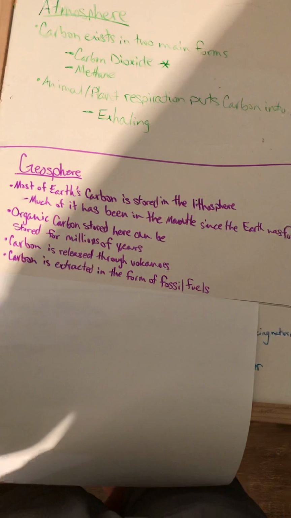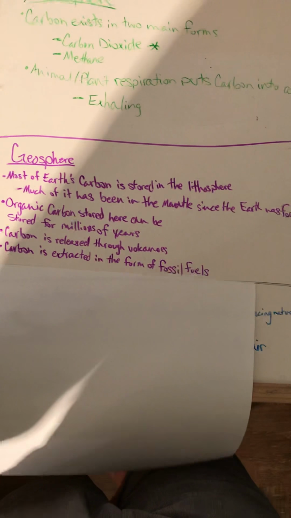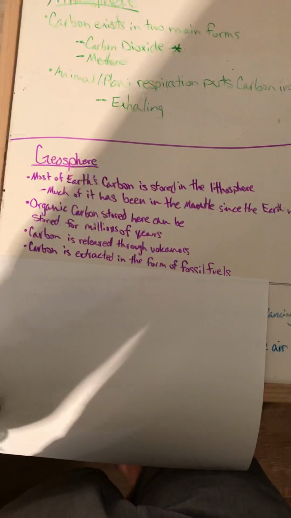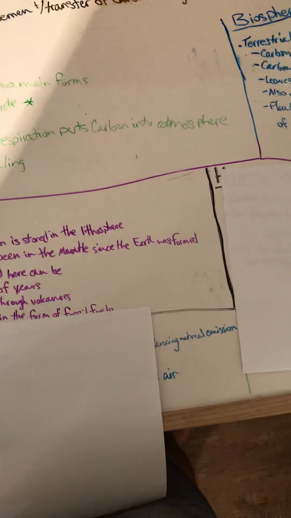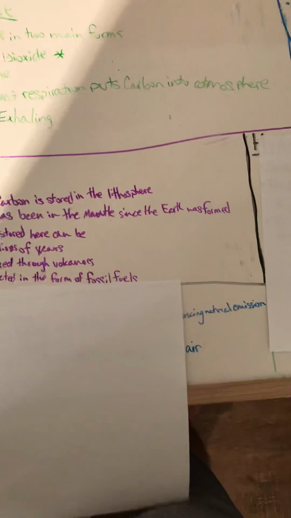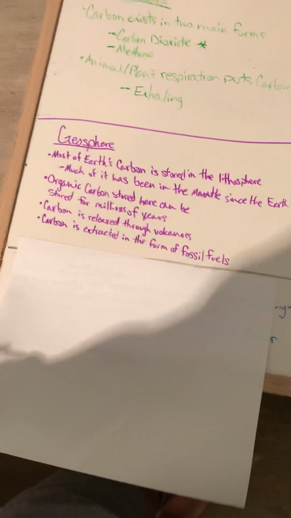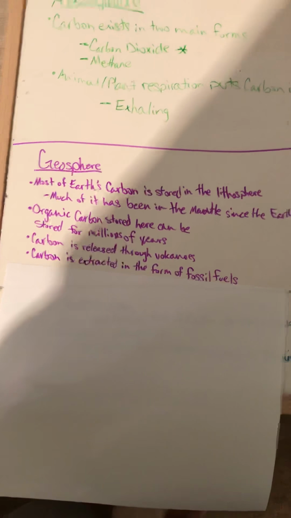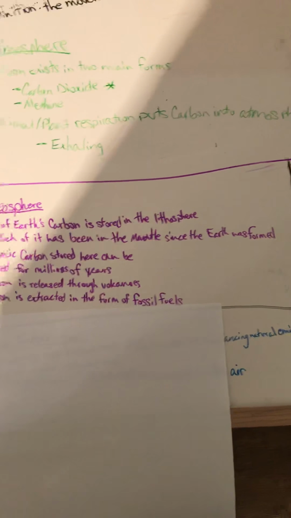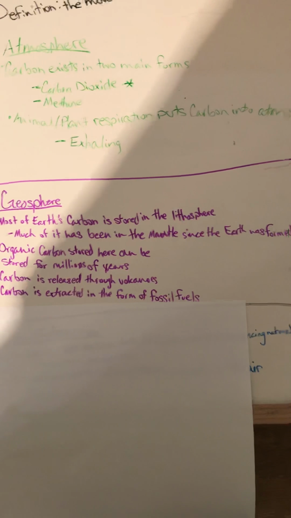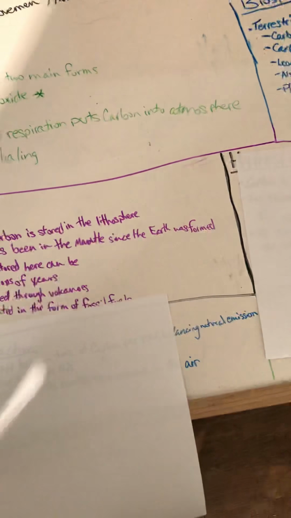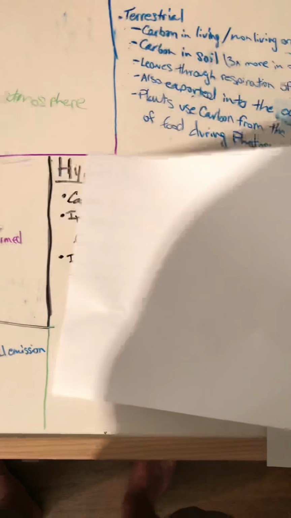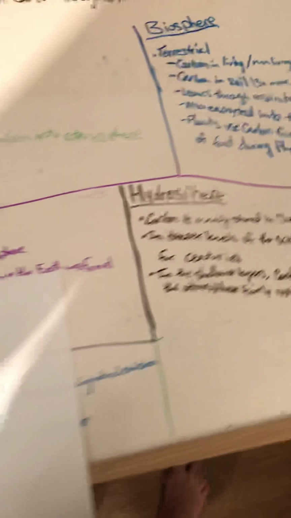Organic carbon that is stored here can be stored for millions of years, which is an example of it being stored since the Earth was made, because it was hundreds of millions of years ago. Carbon is released in this aspect through volcanoes, as well as human release through extracting fossil fuels.